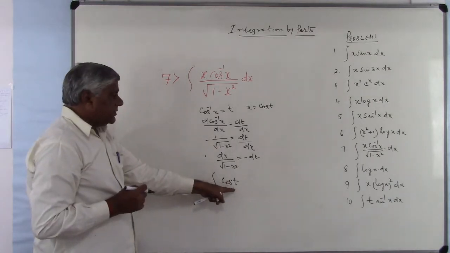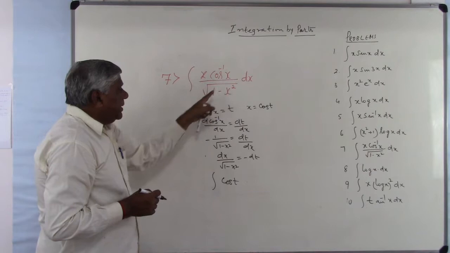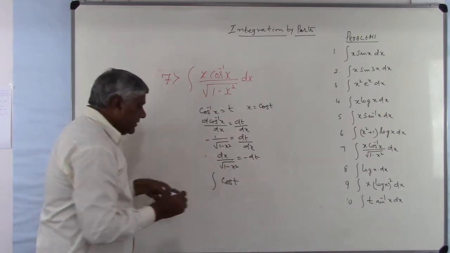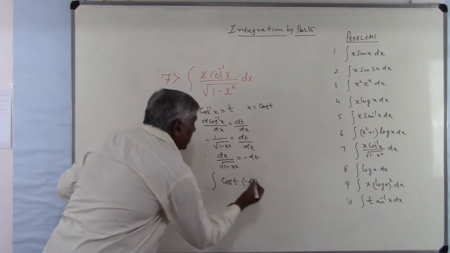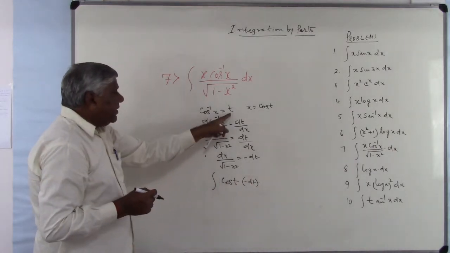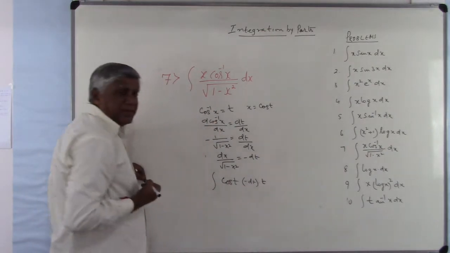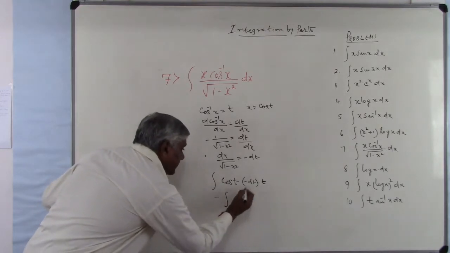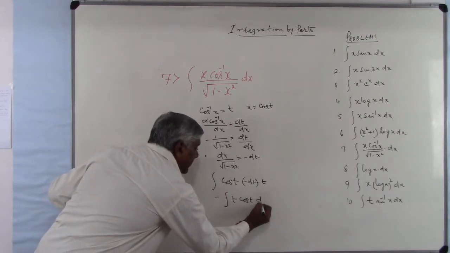Next, dx by root of 1 minus x square becomes what? It is minus dt. Into, what about cos inverse x? What we have kept here? It is t. Therefore, now the problem becomes minus, I have taken out, t cos t dt.